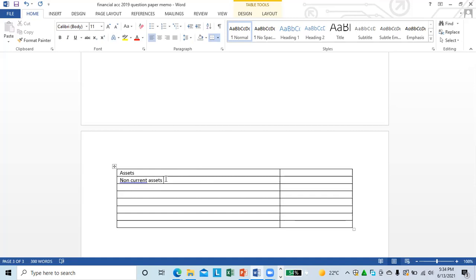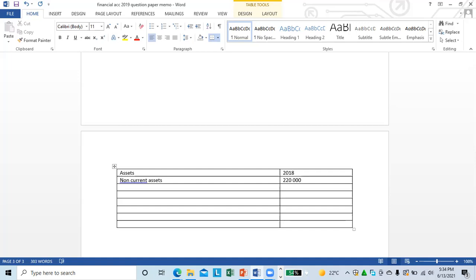No, so we have to write the number as it is. Okay, this is actually 2018. I forgot to write the year. So therefore, our non-current assets were not affected. So you have 220,000.